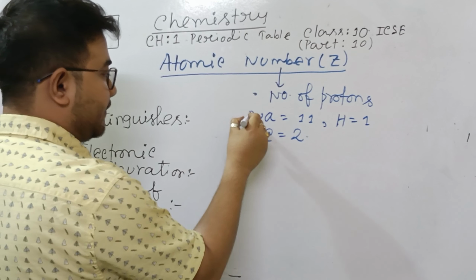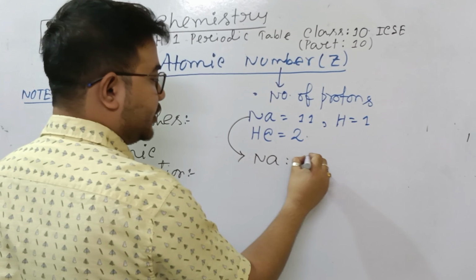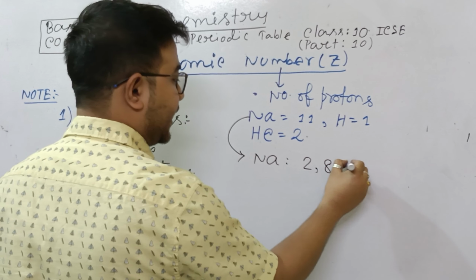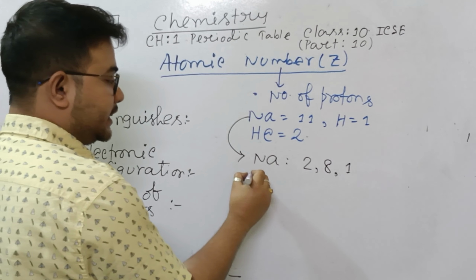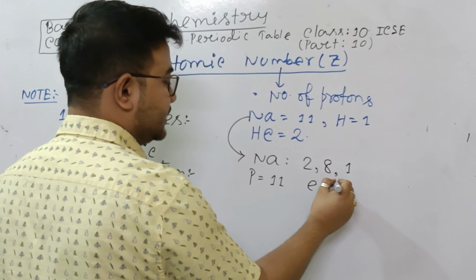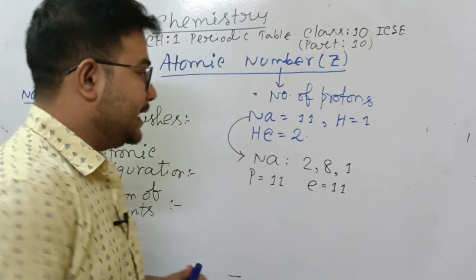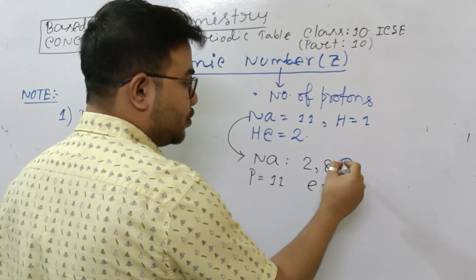So try to understand a concept. In case of sodium, what is its electronic configuration? 2, 8 and 1. Now in case of sodium, proton number is 11, electron number is 11 also. During the chemical reaction, sodium loses one electron.